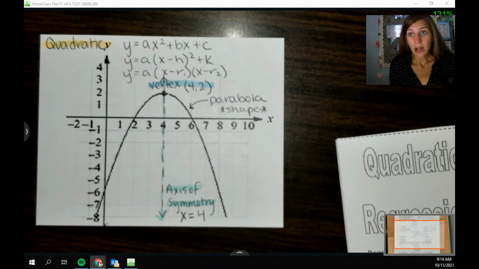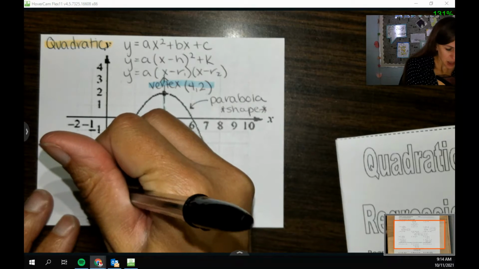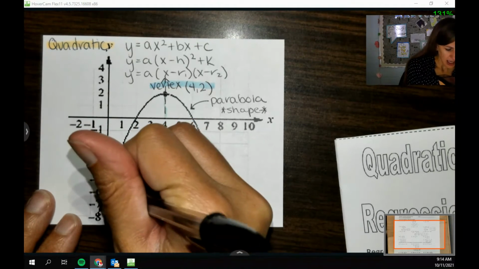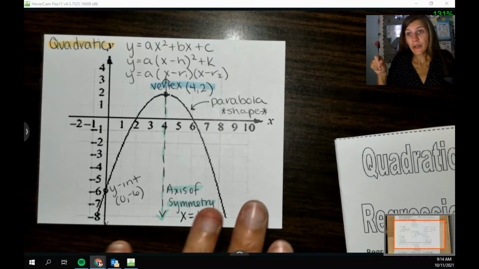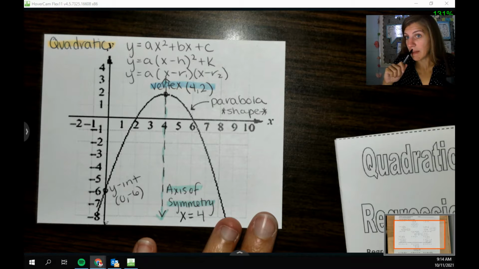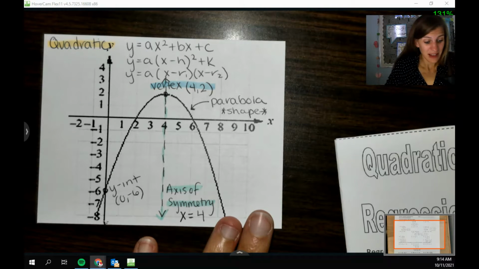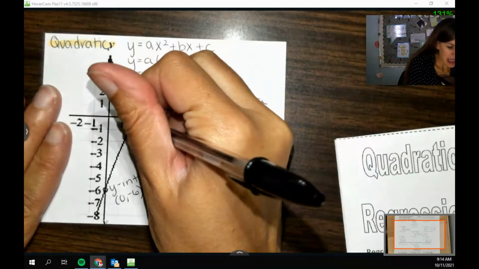Another key point that we often talk about when we're talking about lines is the y-intercept. And this parabola does have one of those. So we have our y-intercept right here, which is at (0, -6). An interesting point that we don't often talk about with a line, but we could, and that parabolas have two of, potentially, are these x-intercepts.